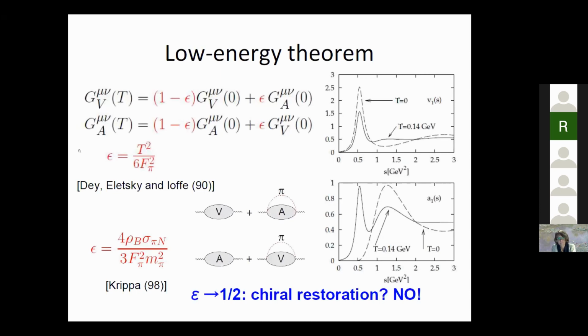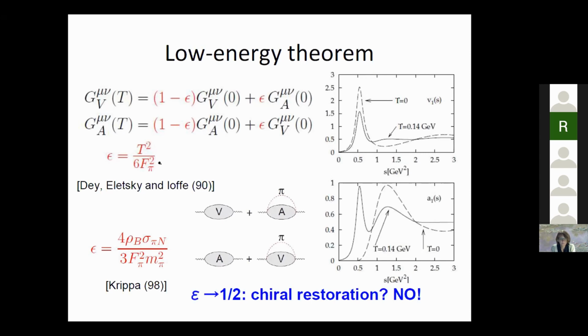If the temperature is low enough that only pions are thermally excited, then the finite temperature version of the current correlation functions is expressed as a combination of the vector correlator and the axial vector correlator at T equals 0. Here the finite parameter epsilon appears, which is directly proportional to T squared.